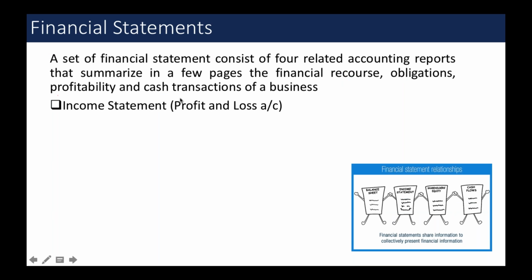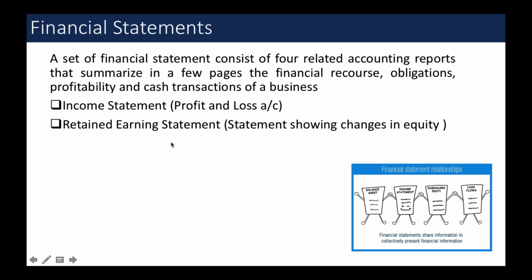So financial reporting includes the preparation of the income statement, which shows us the performance of the company for a given period, and the retained earnings statement, which shows us how the profits are distributed to the shareholders, or if there is a further change in the capital as well.